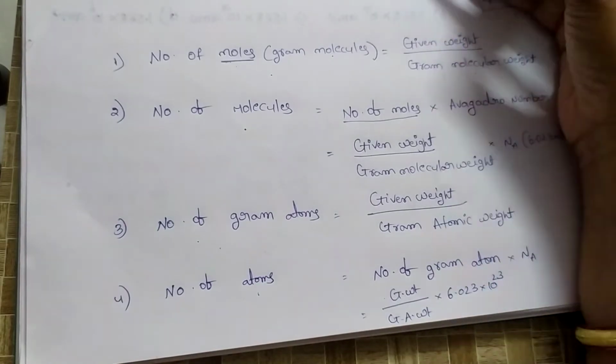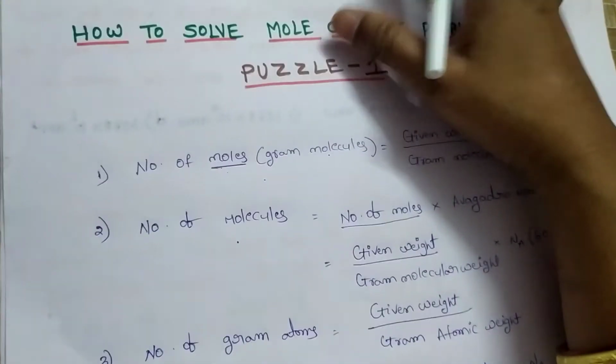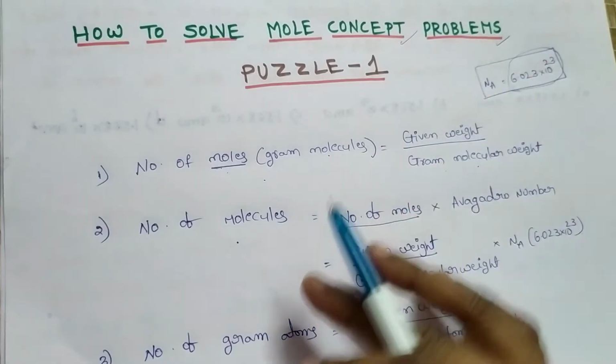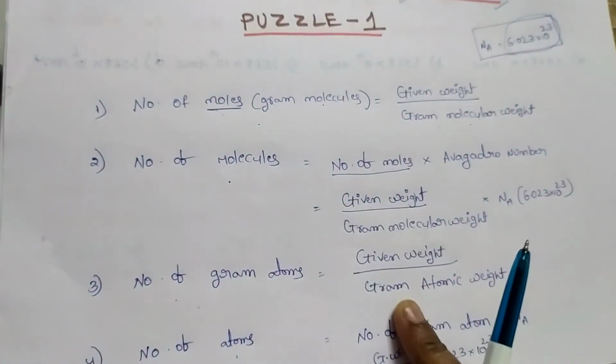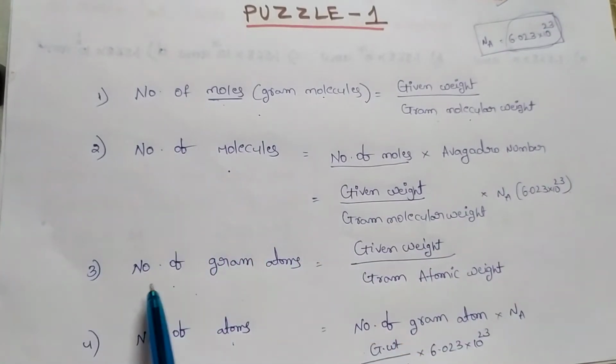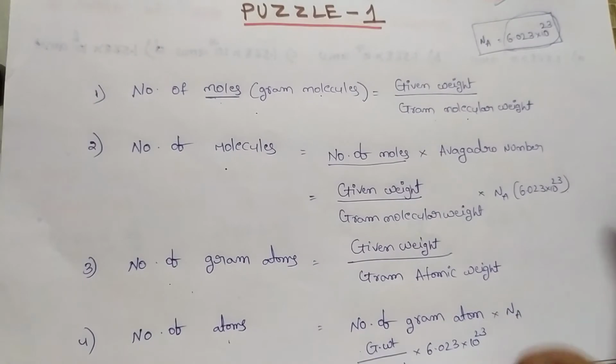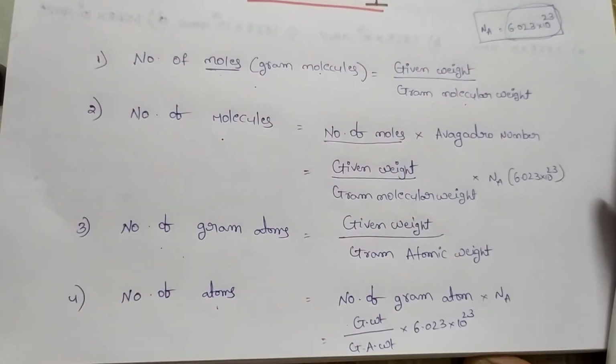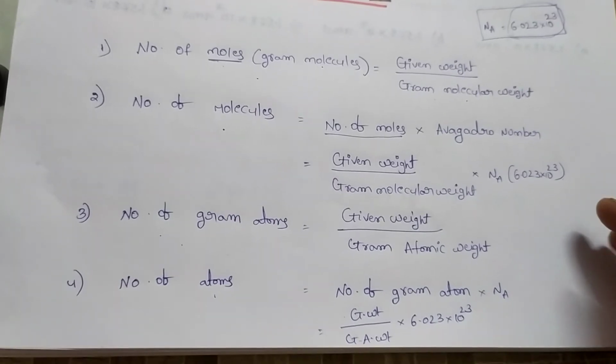So while discussing the mole concept, we must know these four formulae: number of moles, number of molecules, number of gram atoms and number of atoms. Okay students, now we will do some problems based on this mole concept.